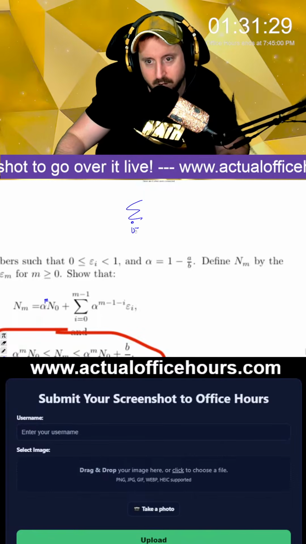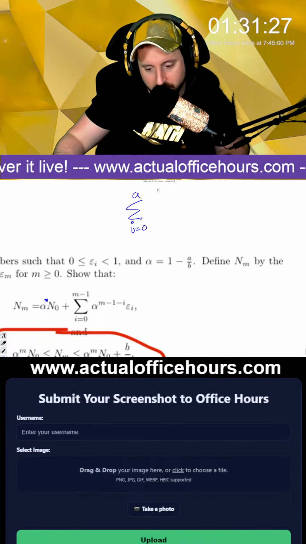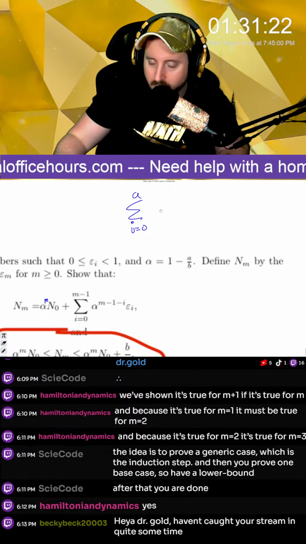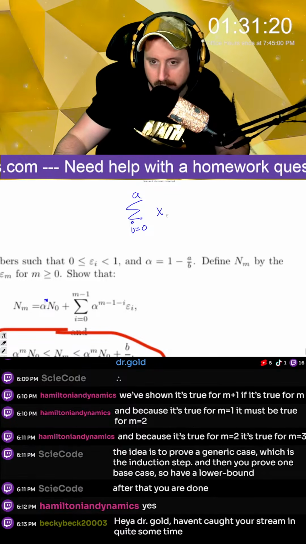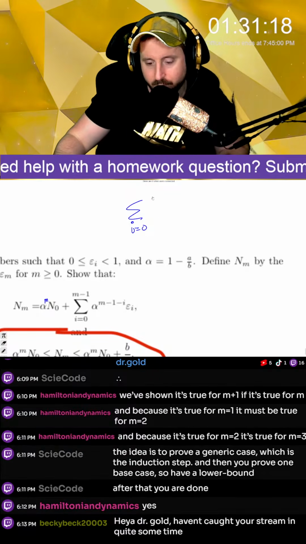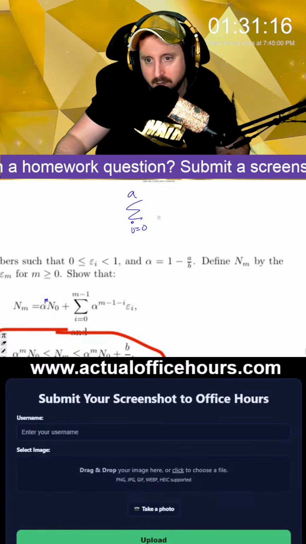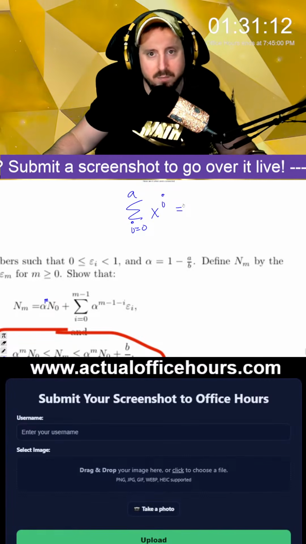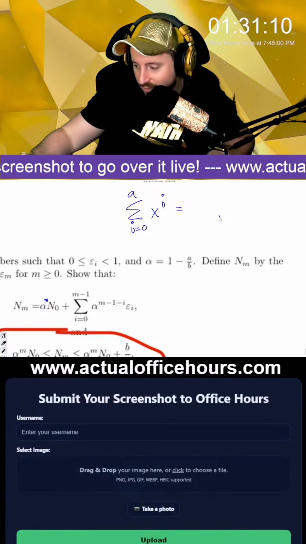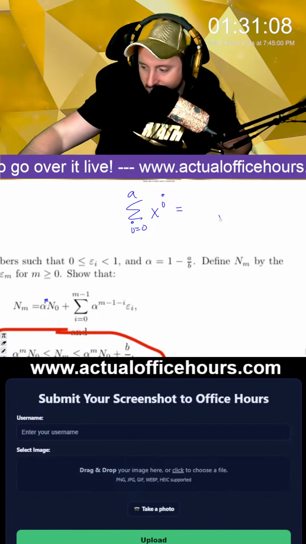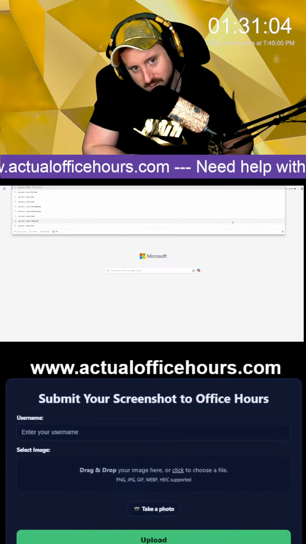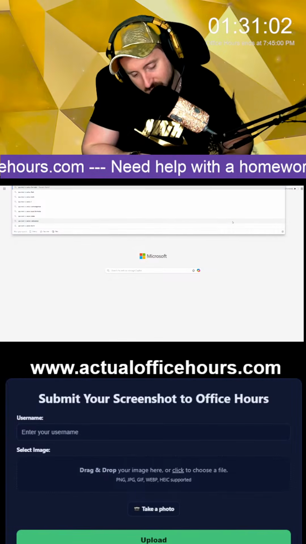The sum of i equals 0 to a of... what is it? I forgot what this is. Like x to the i? Is this the 1 over 1 minus r or something?